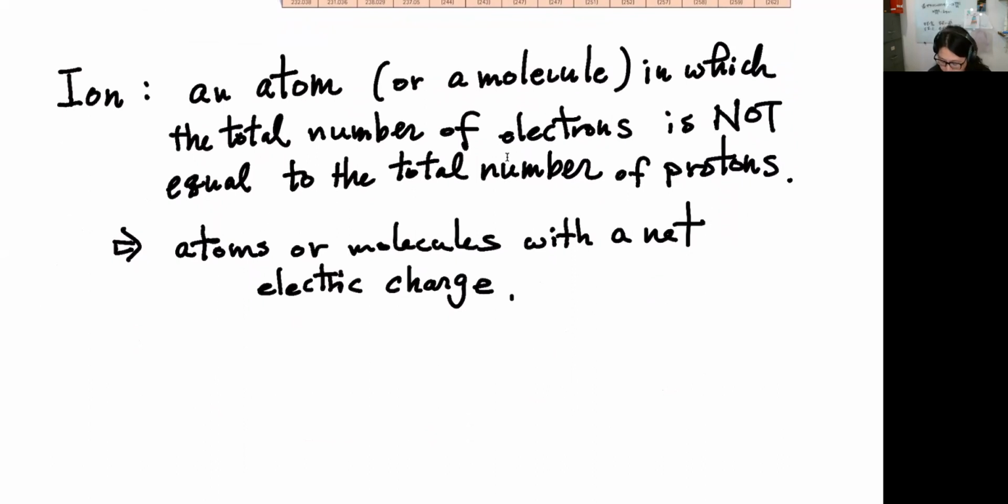Positive ion: what do you think? Does a positive ion have a deficiency or an excess of electrons? For the atom to be positively ionized, it's going to have a deficiency.